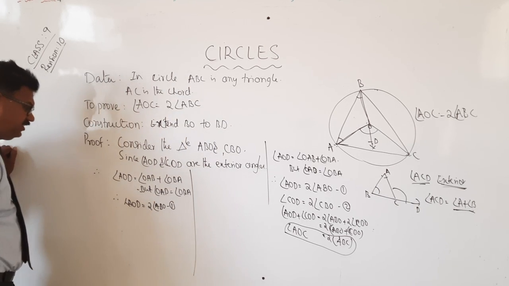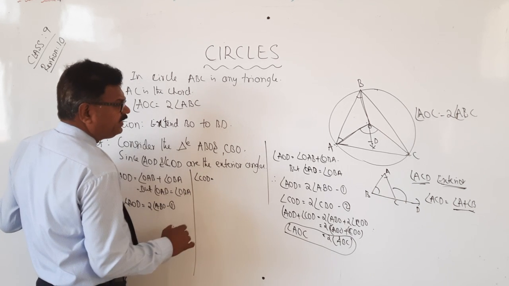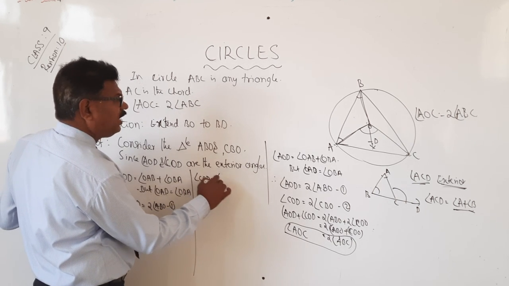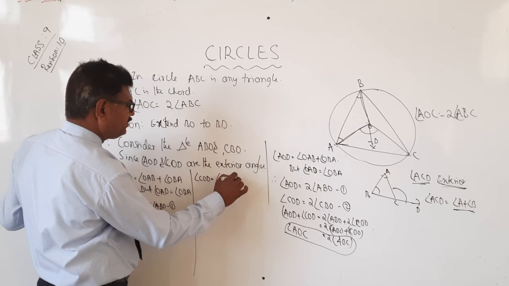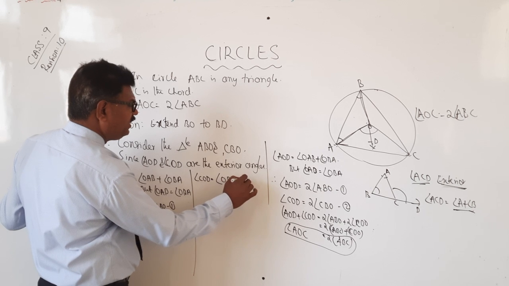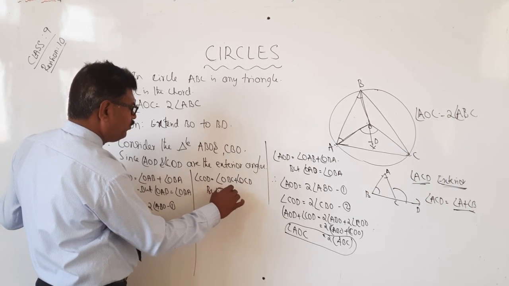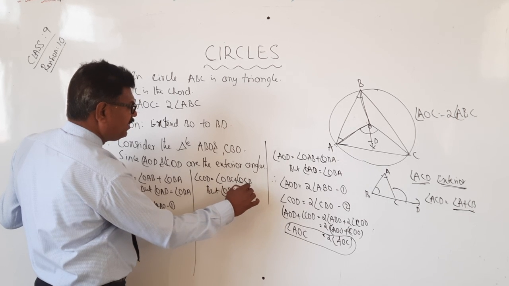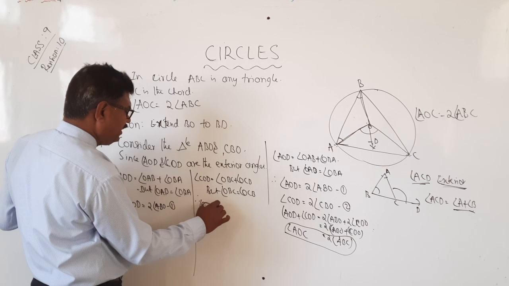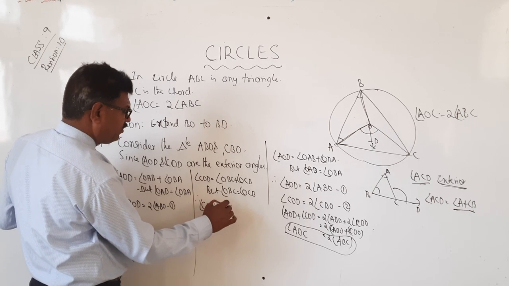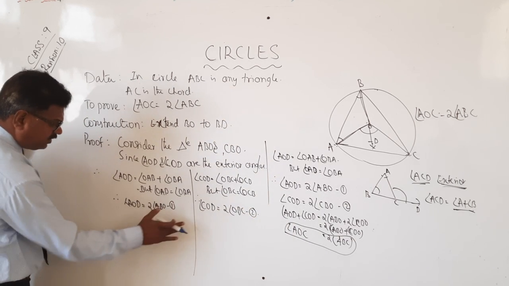Okay? Similarly, angle COD is equals to angle OBC plus angle OCB, but angle OBC is equal to angle OCB. Therefore, angle COD equal to 2 times angle OBC. This is second.